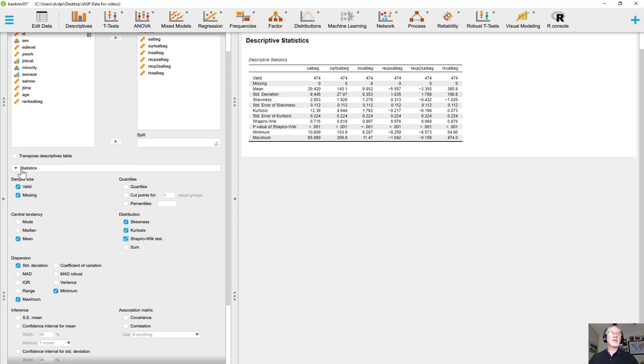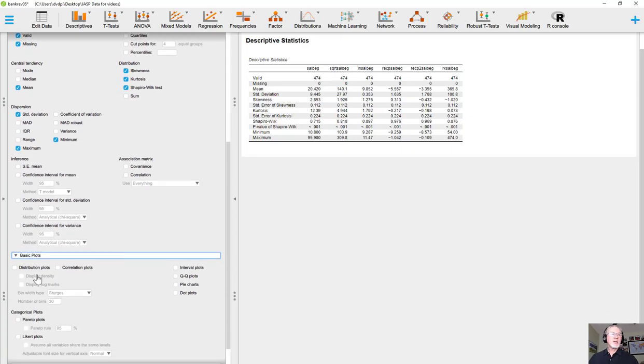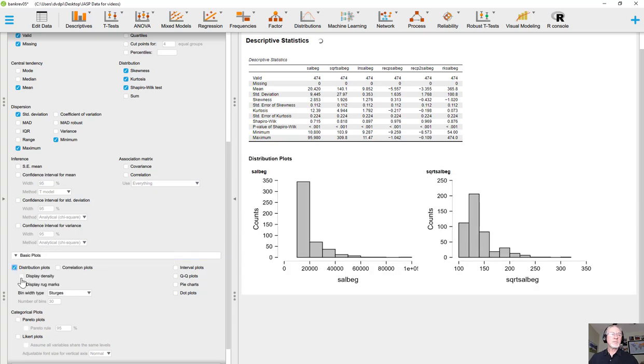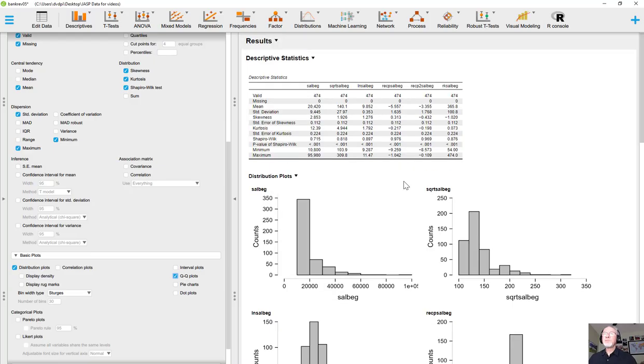So I'm going to click on statistics and click those buttons. I also want to get basic plots, to see the basic distributions, and I want to get the QQ plots.